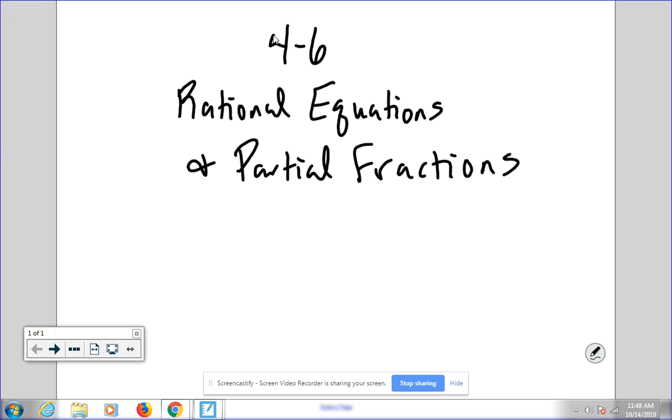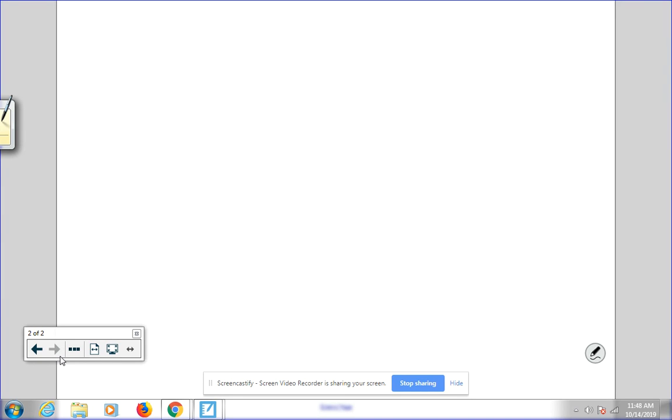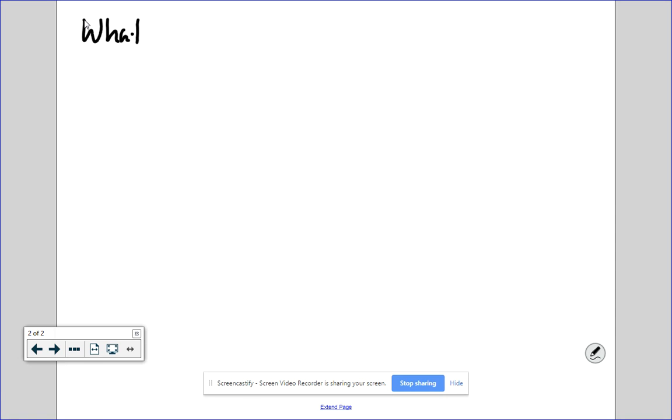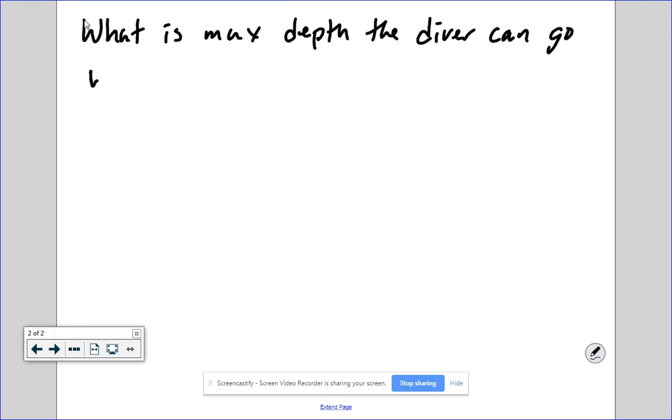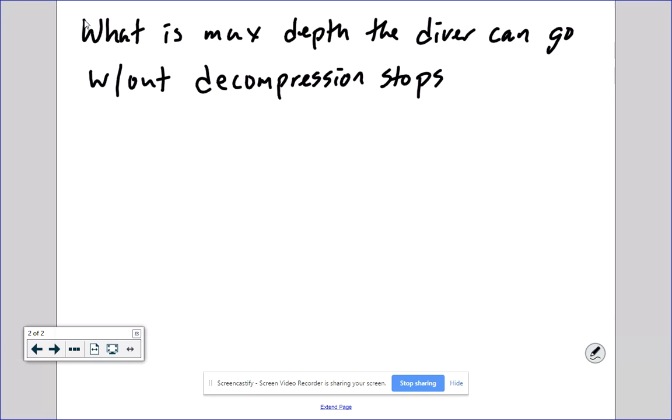All right, so we're actually going to solve this equation now. So it wants to know, what is the max depth the diver can go without decompression stops on the way back up.